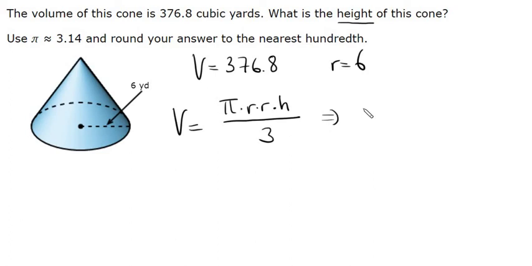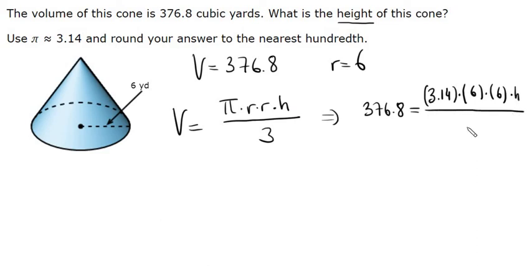So the volume is 376.8, divided by pi, which is 3.14. I'm going to use brackets. You don't have to use them, but let's just use brackets. So the radius is 6 times 6. And the height, we don't know what the height is, divided by 3. Just remember the previous example. We can write this as 376.8 divided by 1, and we can do the cross multiplication.